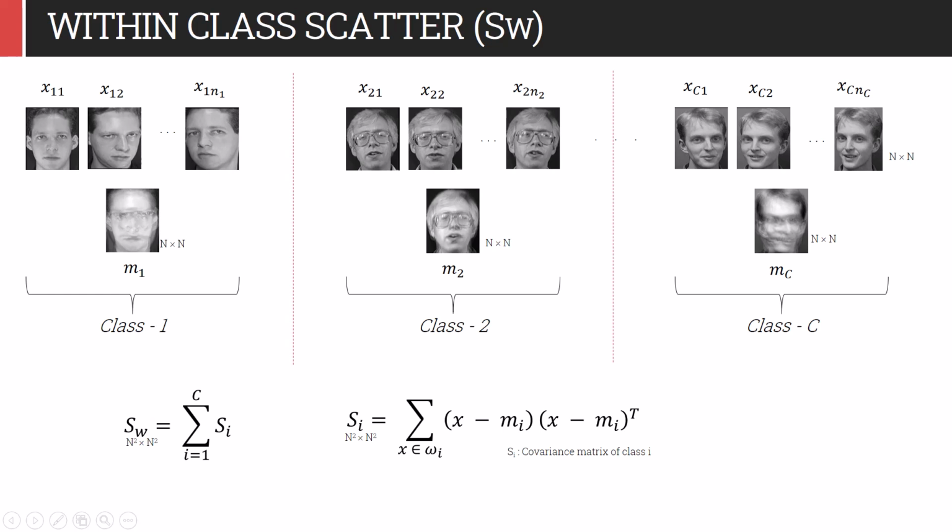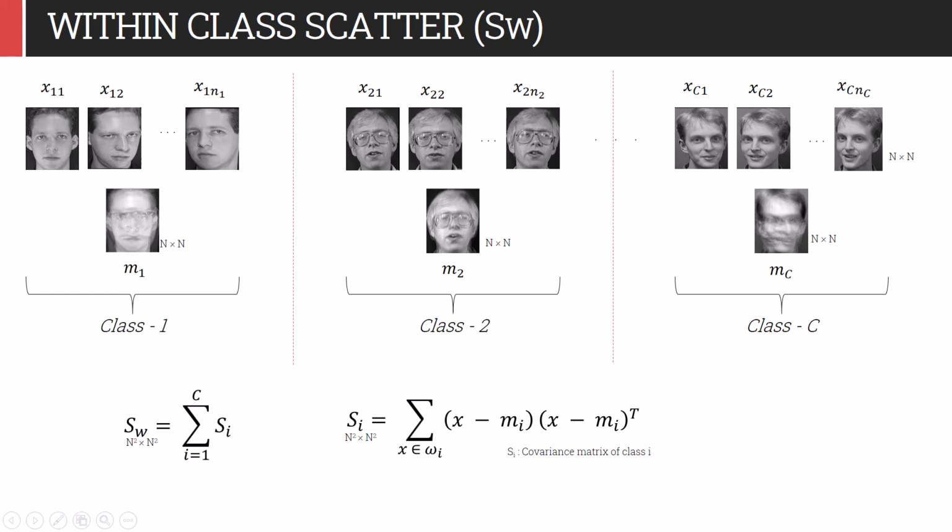That will give us S1, the scatter of the first class. Then I take i equal to 2, so I will get S2. S2 will be (x21 minus m2) whole square plus (x22 minus m2) whole square plus (x2n2 minus m2) whole square. I will keep varying i, c times, because I have c classes. So finally I have Sc. Sc would be (xc1 minus mc) whole square and so on.